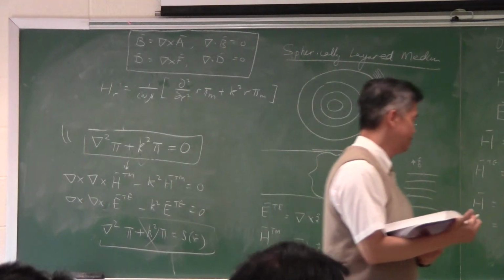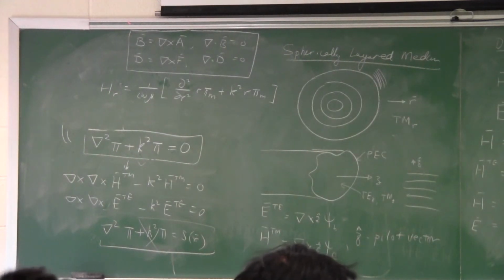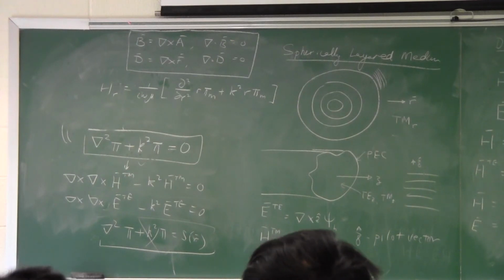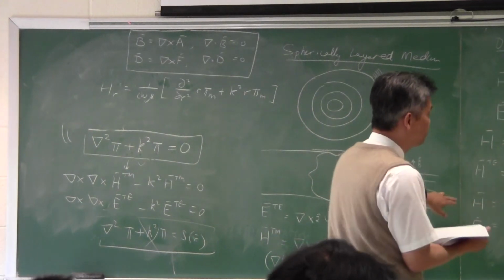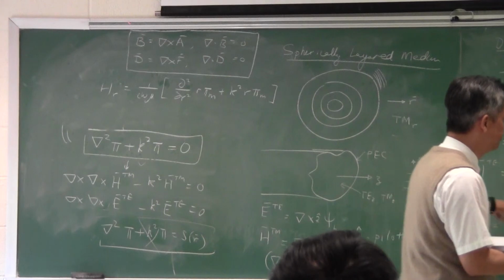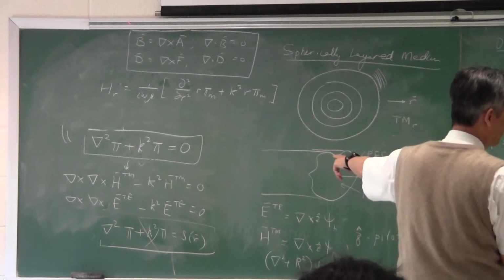If I have successfully extracted the r component of this and went through this algebra correctly, then the r component of this thing will just be equal to that equation over there.